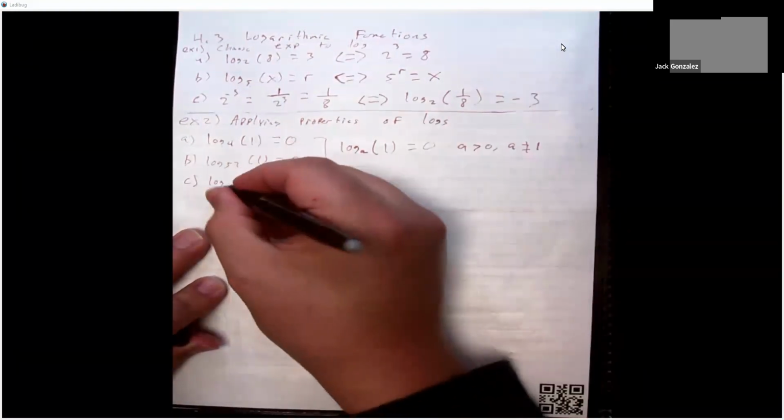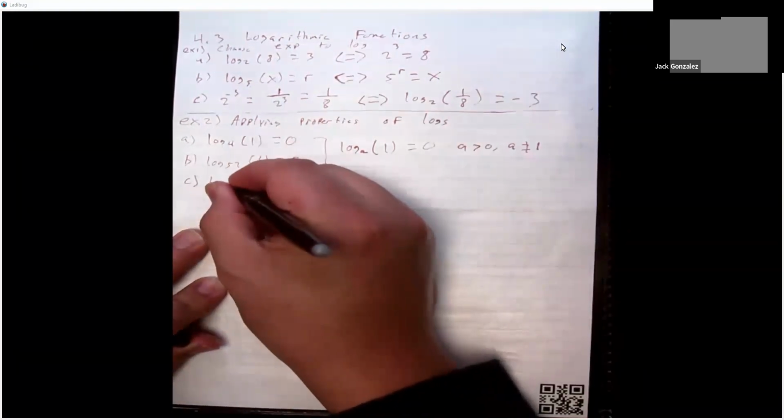As long as there's a 1 in there, 0. Okay. And then we also wrote down a property that said if the base, I'm gonna stop using 5. Log base 6 of 6 to the 7th power.